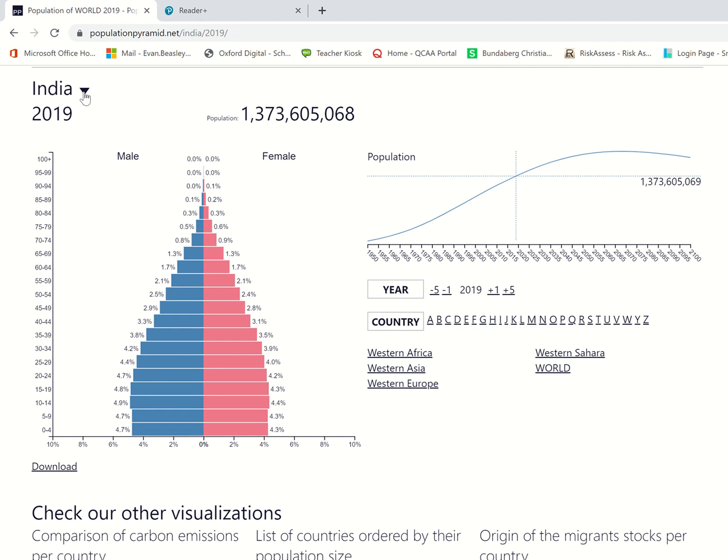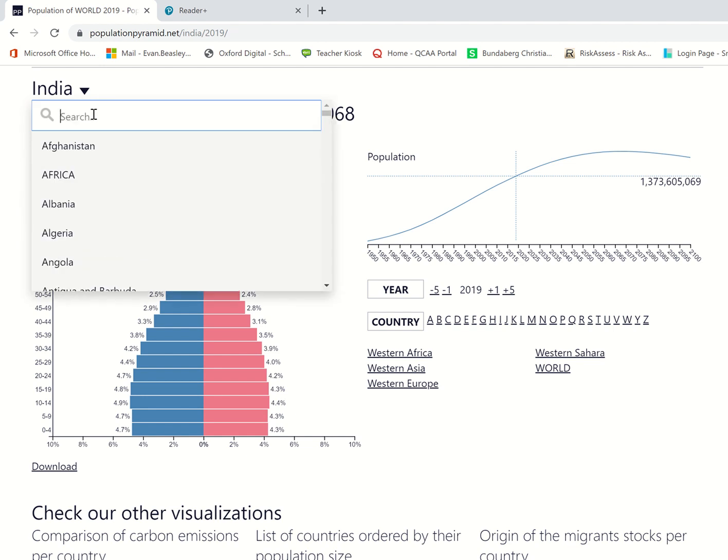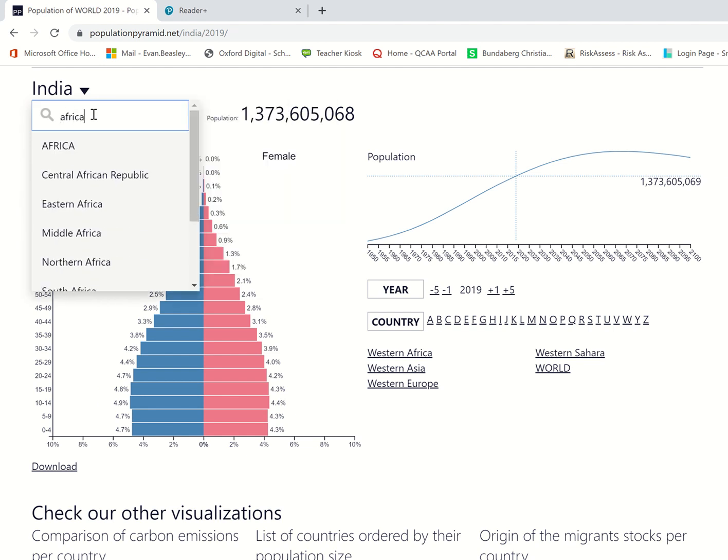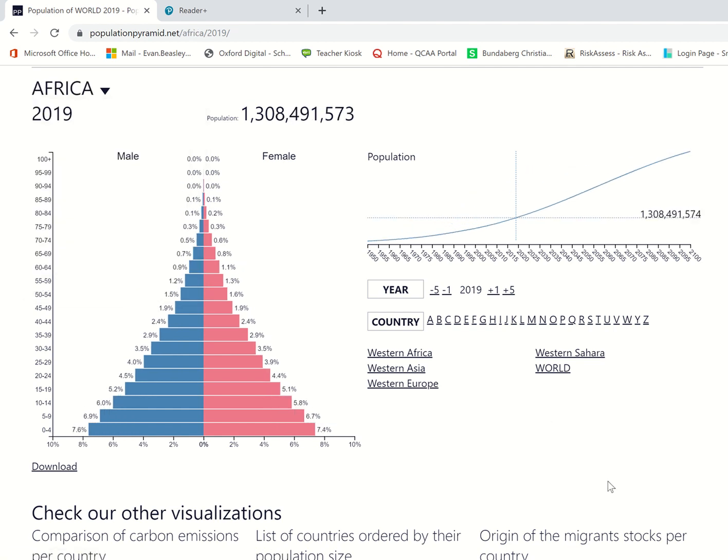Well, let's just go Africa in general first of all. We'll go that one. And you can see that in Africa, now this isn't true for all the African countries, but Africa has a much younger population and very few people getting old.